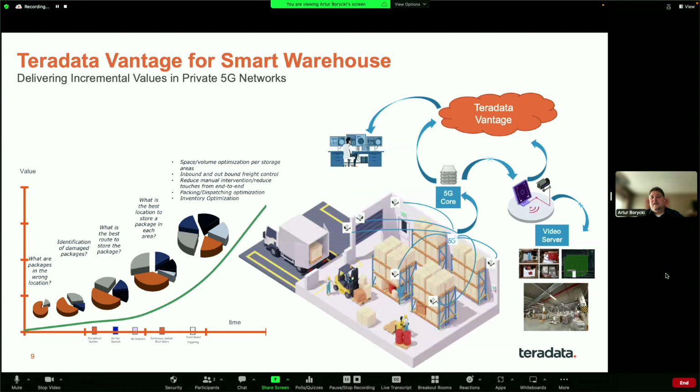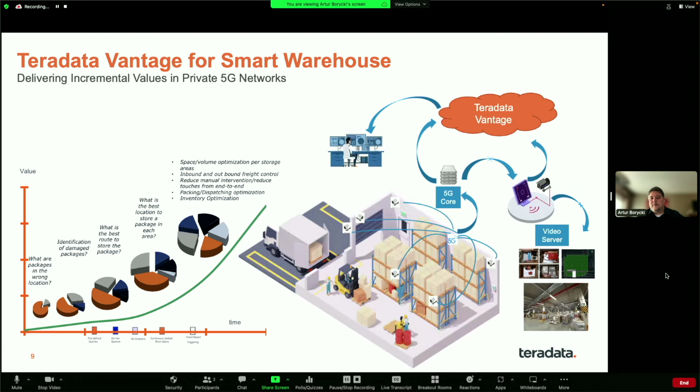They said they still want to solve the basic problems, how I can optimize my warehouse. And I think this is where private networks come into play, where you can have a set of 5G microstations deployed as a private network, and you can start streaming data from more sources, more beacons, as well as smaller edge devices distributed across the warehouse.